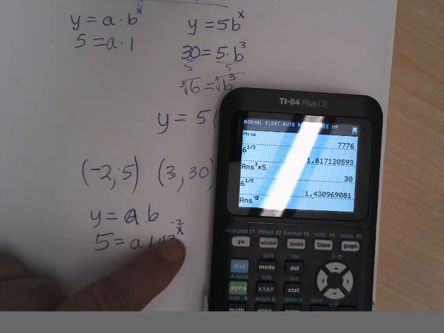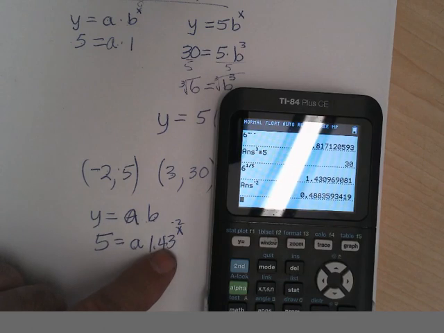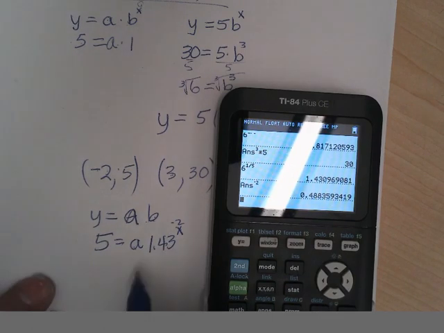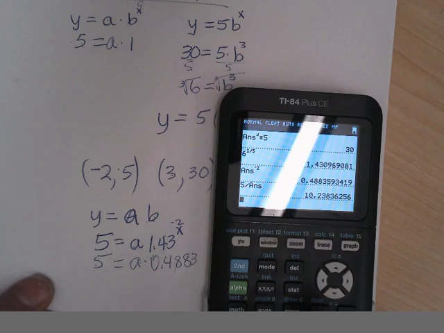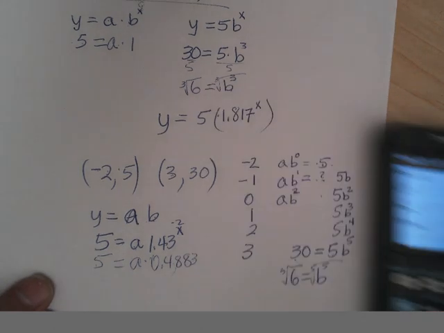Oops, that's not minus. -2. And that number, 0.4883 times A is supposed to give me 5. So I'm going to divide 5 by that answer. And I get 10.238.